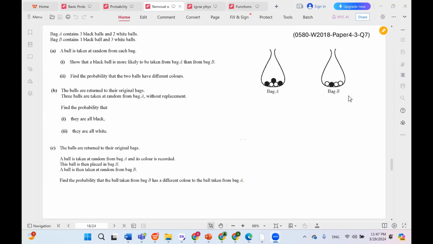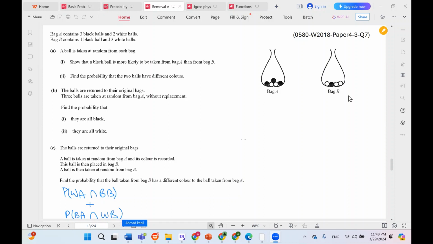However, the numbers will be slightly different because we're actually putting the ball that we took from A into bag B. So we either take white from A and black from B, or we take black from A and white from B.